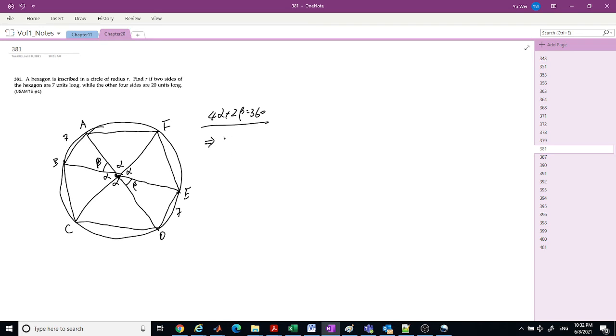We know the alpha plus beta over 2 is equal to 90, right? Now let's set up equations, okay? So if we draw a line here, we know 20 is equal to 2r times the sine of alpha over 2. So we know 10 equals r times the sine of alpha over 2, right?